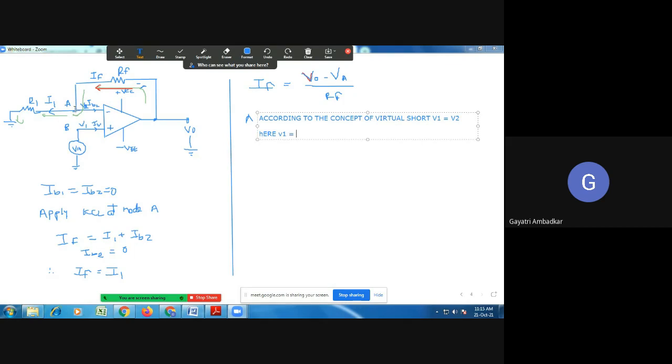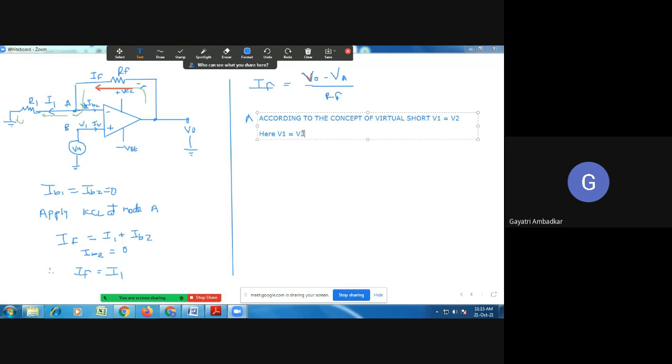I labeled it as VA because I called it a terminal.